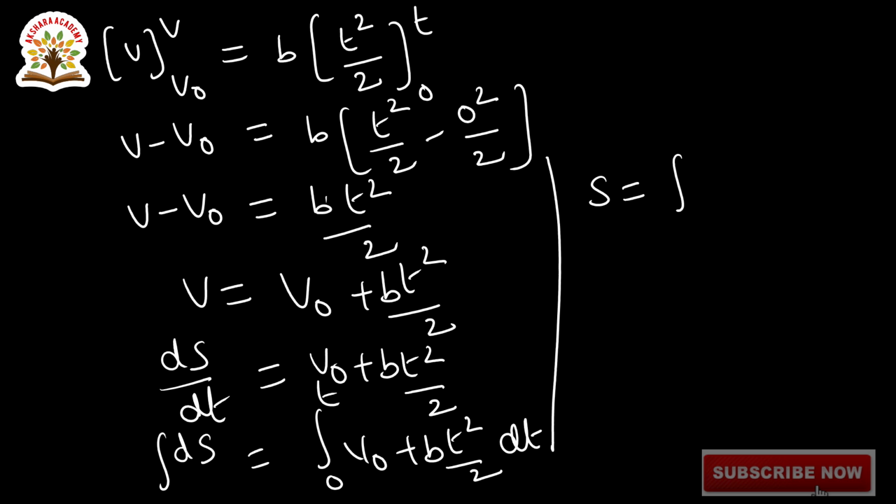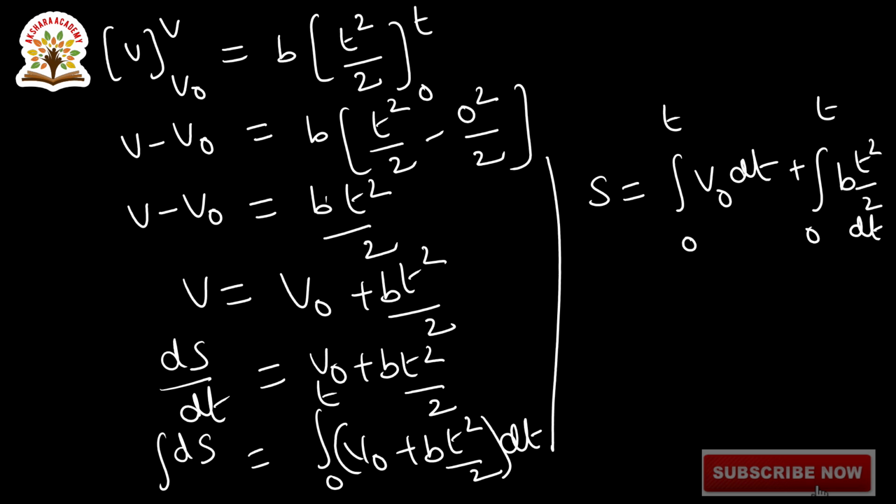So the integration of ds becomes s. The integration from 0 to t of v0 into dt, plus, here we are putting brackets, plus separating, 0 to t of bt square by 2 into dt.